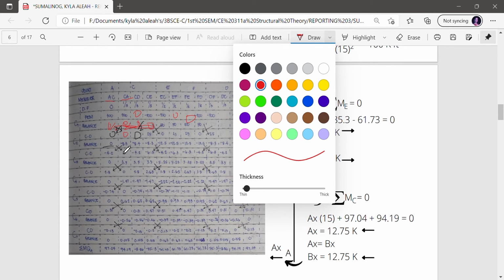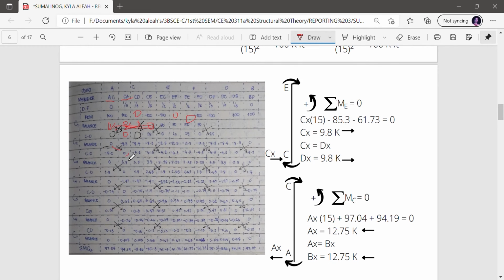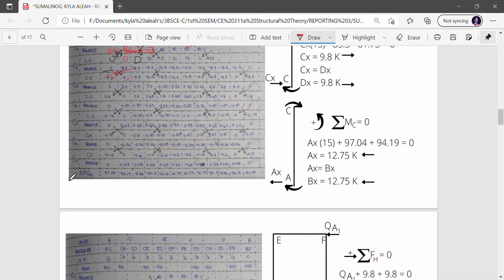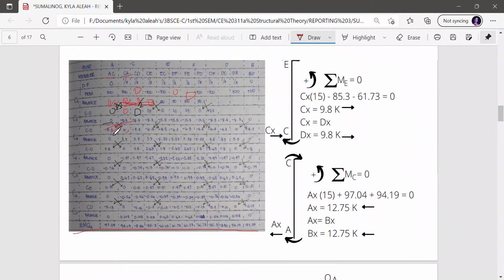So that will be our CD. That's how we do it. And then the same process on the carryover moment. You multiply it, divide by 2, and then you put it on the crossover. 8.3 divided by 2 is 4.2, and so on and so forth until we reach the end. The total final moment will be in here. That is the result of the summation of the moments present in those members.